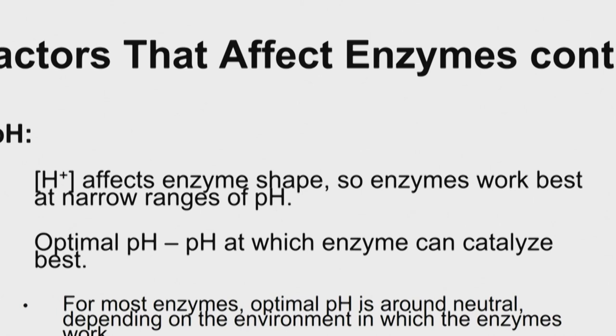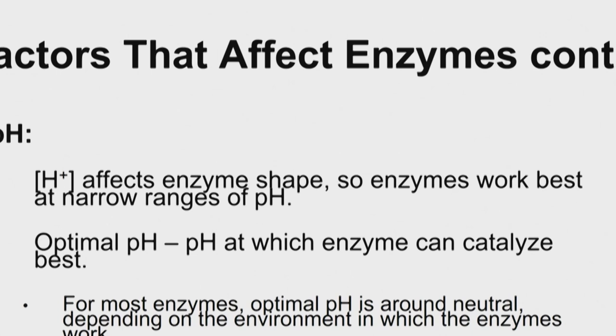So for example, pepsin is a digestive enzyme in the stomach, and pepsin works at an optimal pH of around 2, right? That's extremely low. Our pH scale goes from essentially 1 right up to 14, and so 2 is on the extremely low end of the pH scale.